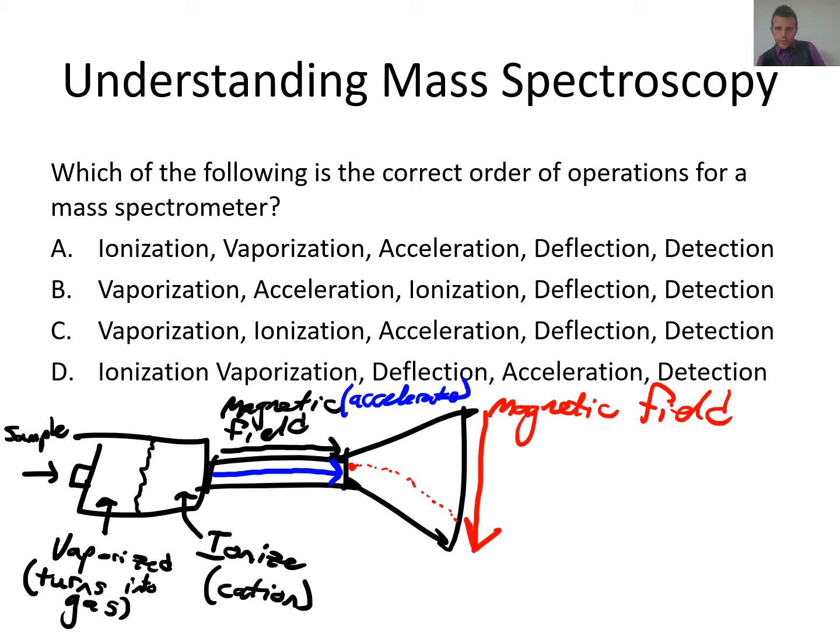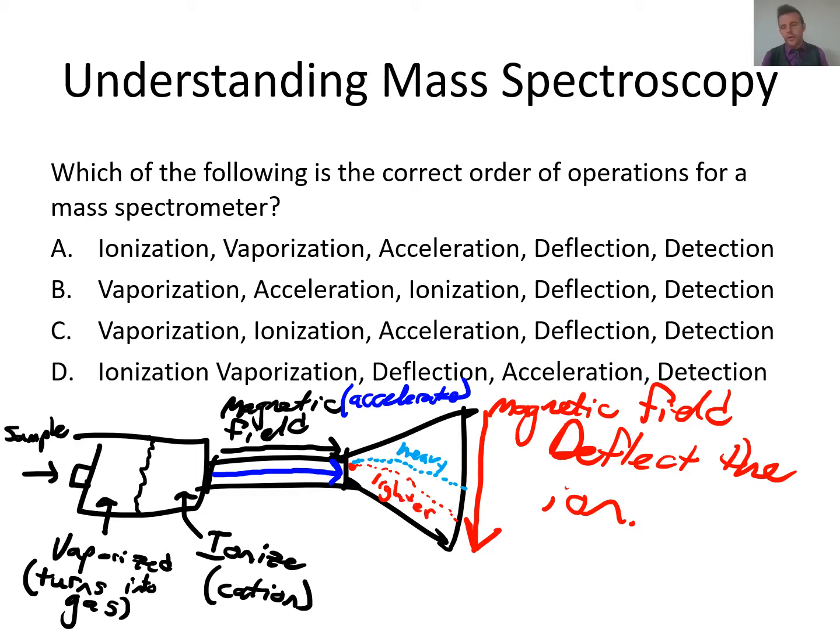So this magnetic field will begin to deflect the ion, and the curvature of the deflection is going to be dependent on the mass of the particle. So the cyan one would be a heavier particle, whereas this red one would be a lighter one. I know heavier and lighter are not the correct terms. It should be more massive and less massive, but just go with it.